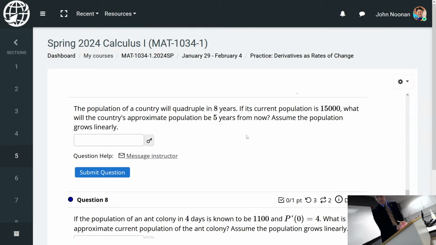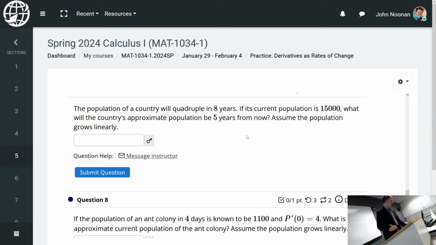Currently, the population is 15,000. And then in 8 years, the population will quadruple, which means you will have 4 times 15,000 or 60,000 in 8 years. And I want to know, what will the population be in 5 years?